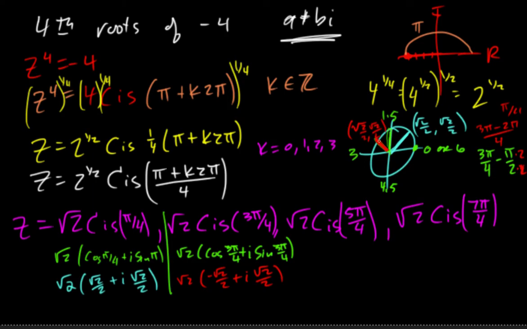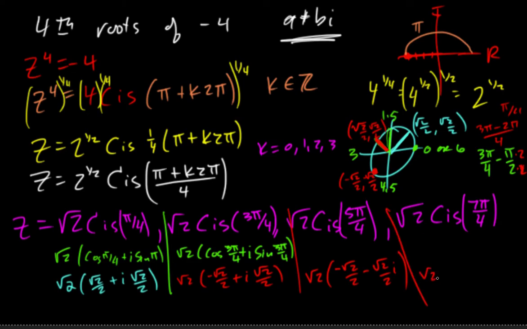Alright, and then since we know they're evenly spaced, this one's going to be down here. I'm just going to skip some steps, but this would be negative square root of 2 over 2, negative square root of 2 over 2, so it's going to be negative square root of 2 over 2 minus square root of 2 over 2 i.